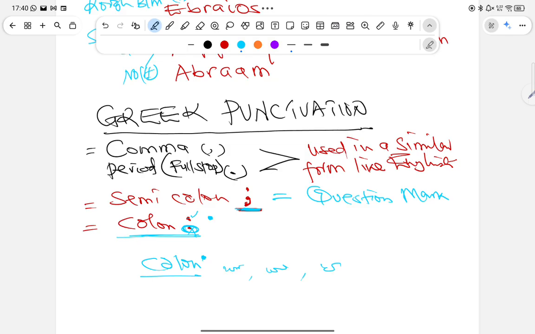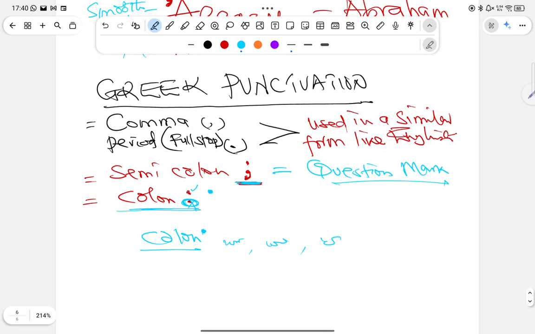Okay. So you notice the difference. What appears like a semicolon in English is a question mark in Greek. What should be a colon, for Greek, is like a colon but without the lower dot. So again, that is very, very important to note and recognize. All right.